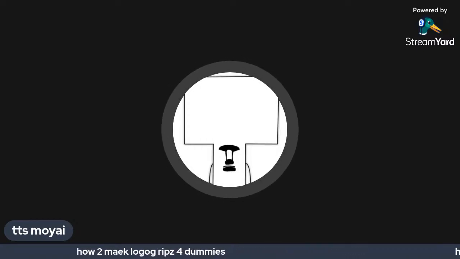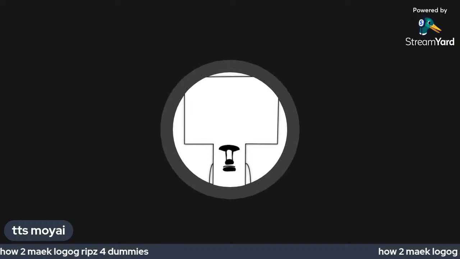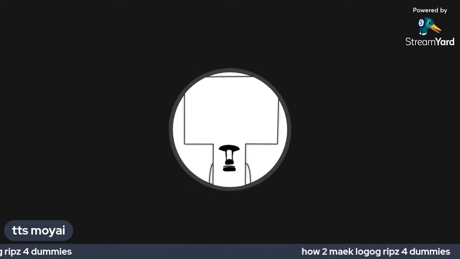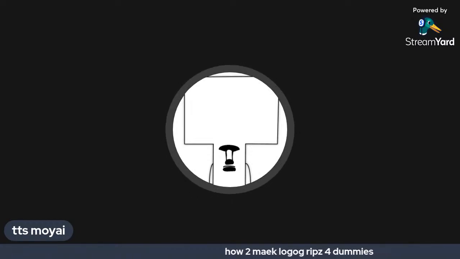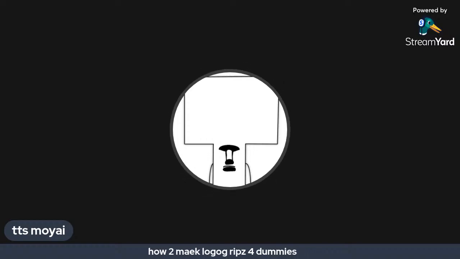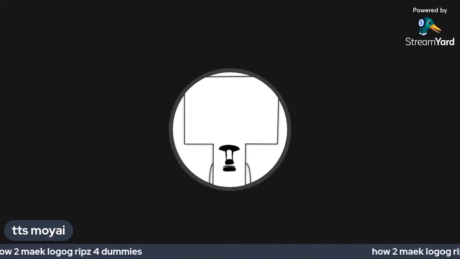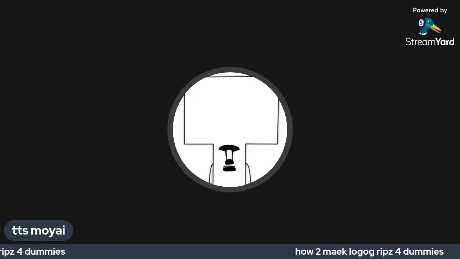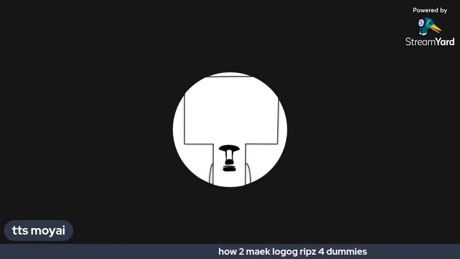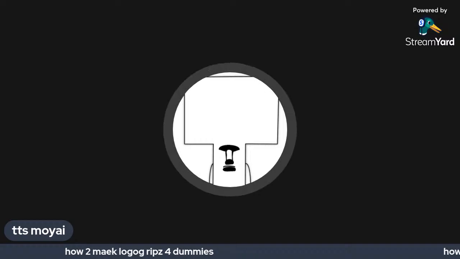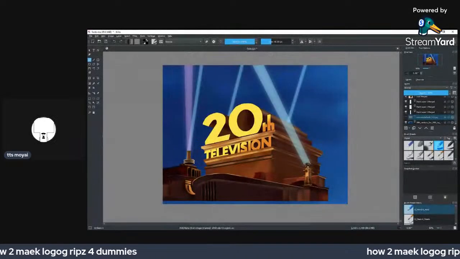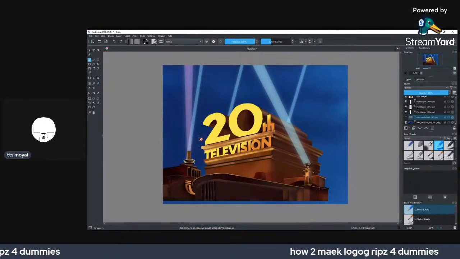So, like I said, I was recently asked how I made my 20th Television prototype rip, and coincidentally, I still have the file that I used to create the image. This is that file.